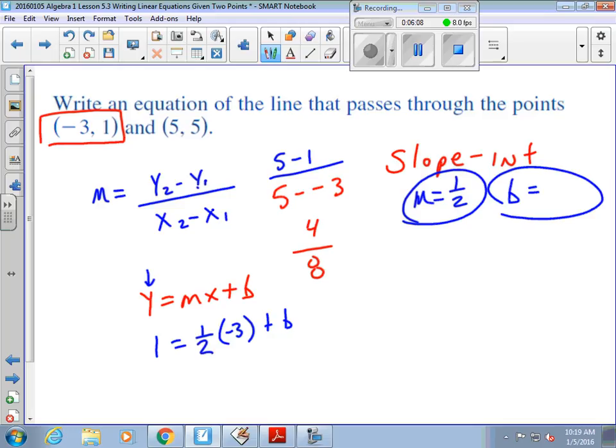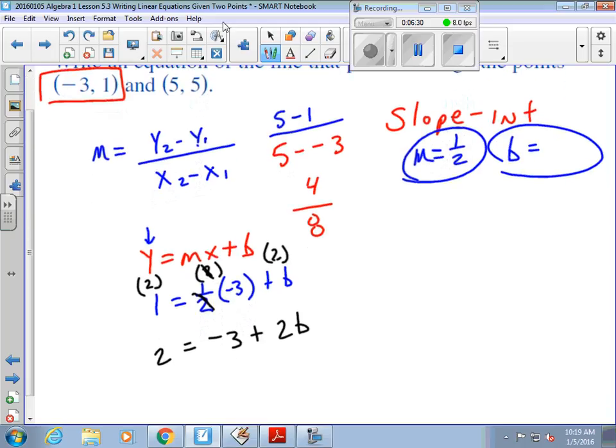Let's get rid of the divide by 2 by multiplying everything in the equation by 2. So 2 times 1 is 2, is equal to this, cancels out this. 1 times negative 3 is negative 3, and 2 times b is 2b. We are almost to b's value.